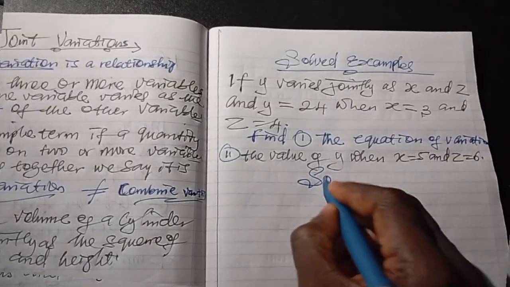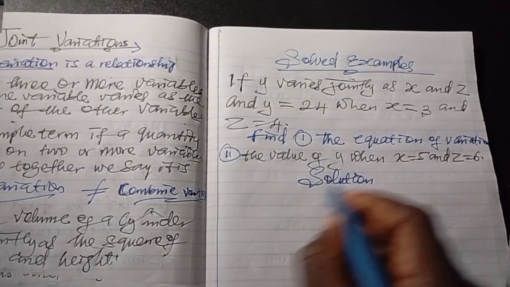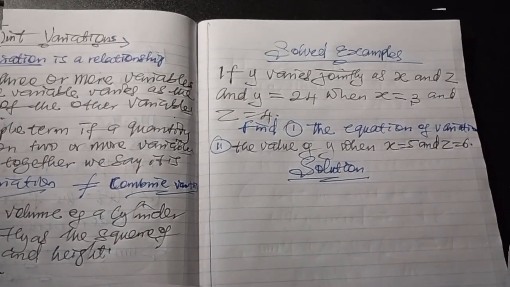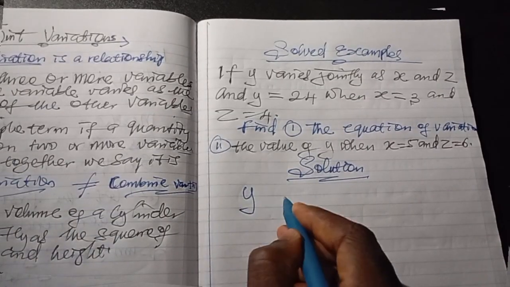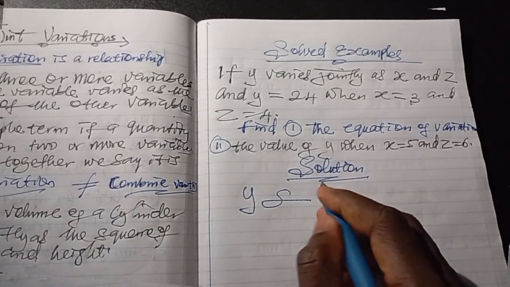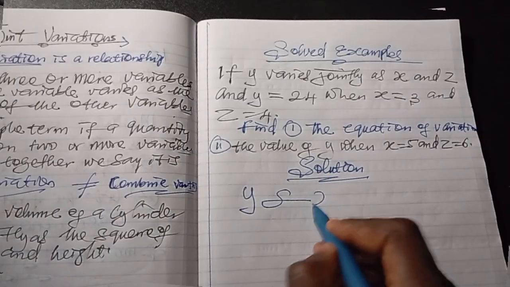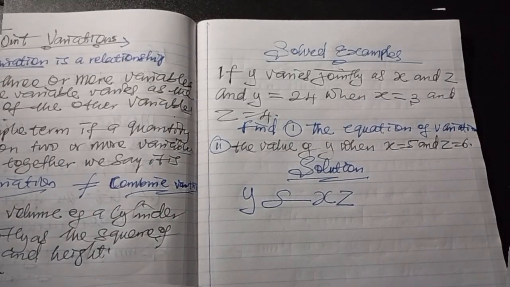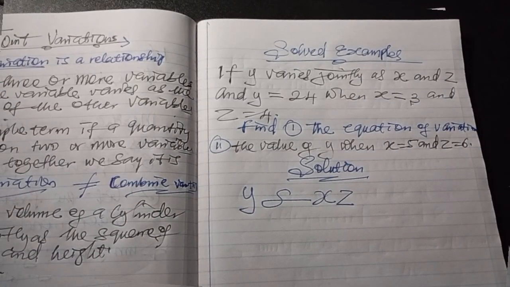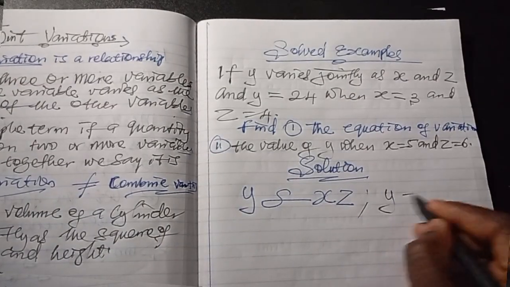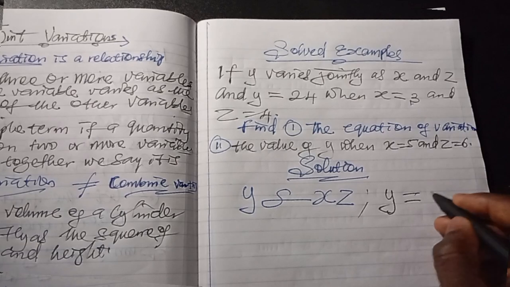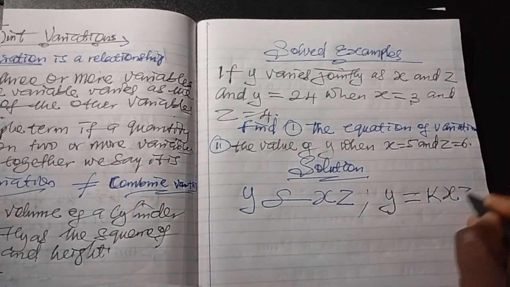Solution. Let's solve. We are given that y varies jointly as x and z. So removing this symbol, we have y is equal to k x z.